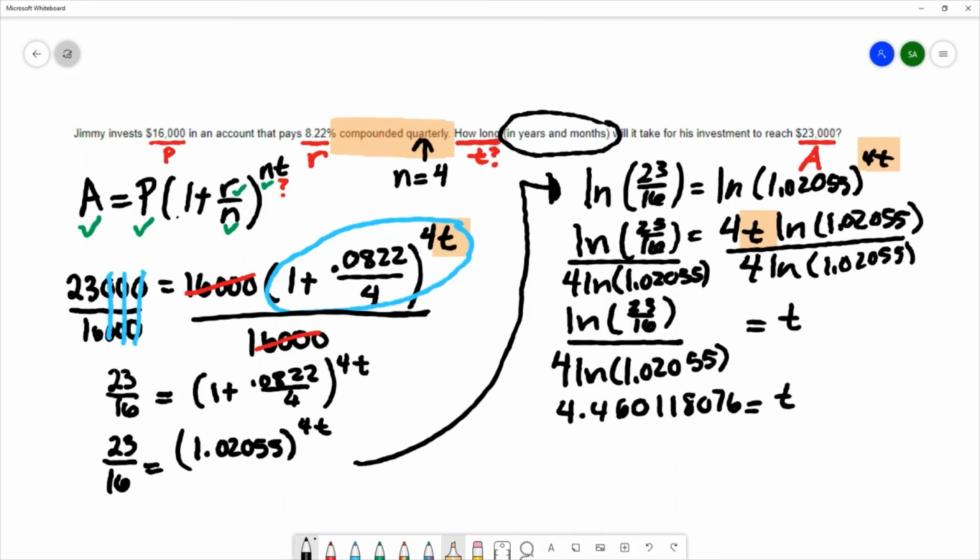So in years, we're going to use this 4 here to say 4 years. And this part right here will help me figure out the months. So right now it's in years and I need to convert it to months. So I need to take that portion, 0.460118076, and since there is 12 months in a year, I'm going to multiply this by 12 and that's going to tell me the months.